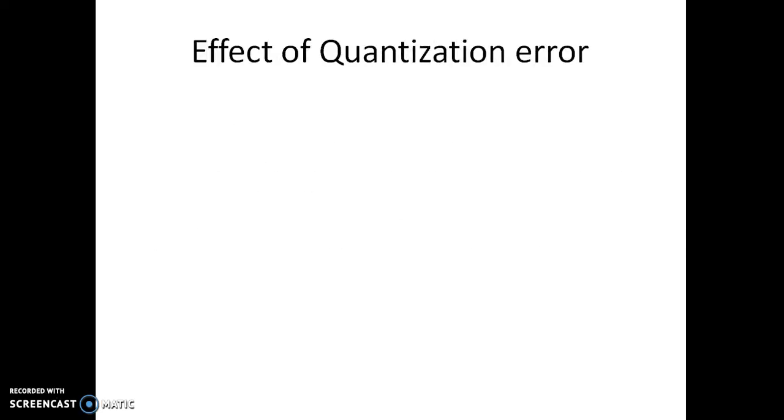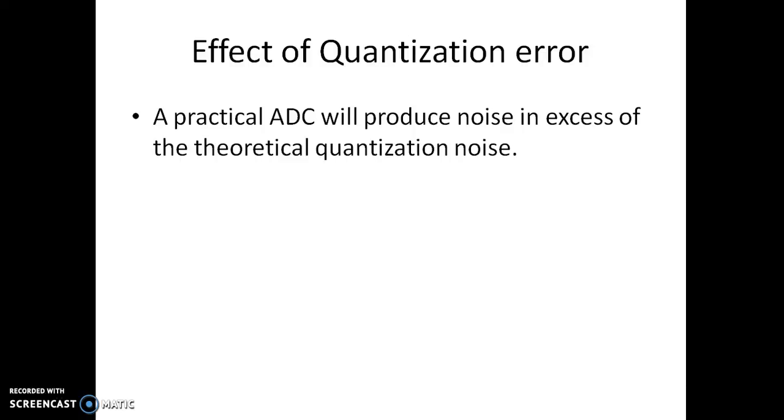So let us see what is the effect of this quantization error. A practical ADC will produce noise in excess of the theoretical quantization noise. We saw that the quantization noise is half LSB maximum and minus half LSB minimum, so the peak to peak quantization noise is almost 1 LSB. Along with that, that is the theoretical quantization noise.